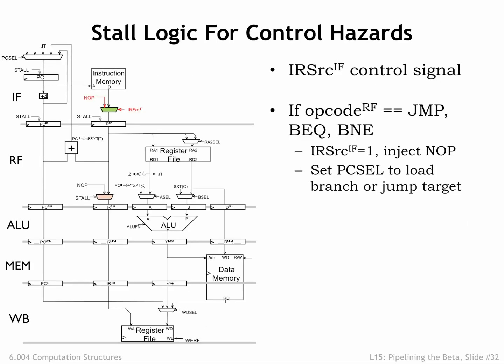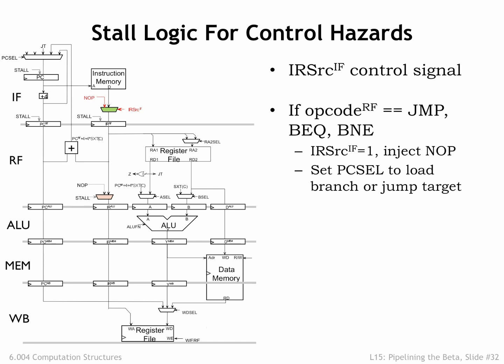We've already seen the logic needed to introduce no-ops into the pipeline. In this case, we add a mux to the instruction path in the IF stage, controlled by the IR source IF signal. We use the superscript on the control signals to indicate which pipeline stage holds the logic they control.